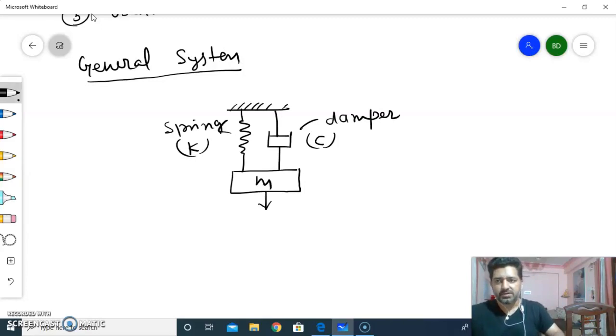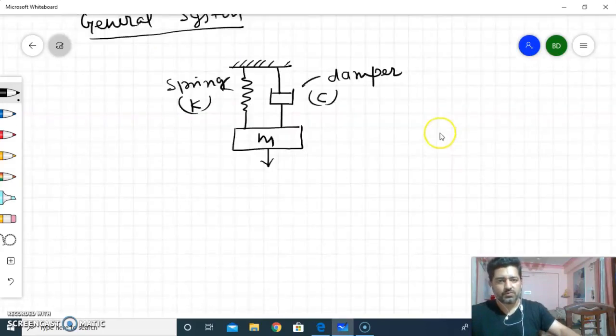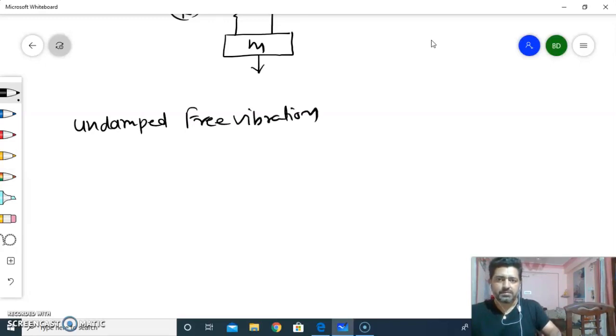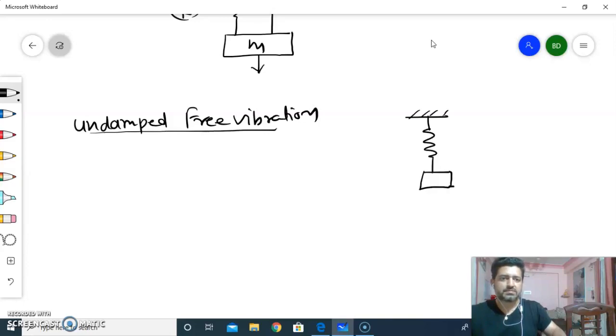But if we want to work out undamped free vibration, then our system will be like this: simple spring mass system.